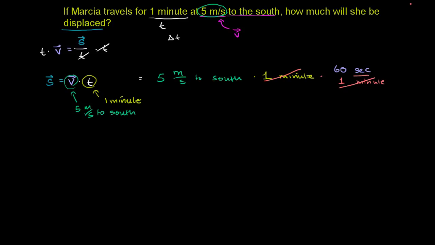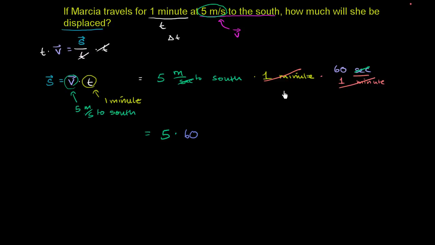This is now cool because you have seconds over seconds. Those cancel out. And so your displacement is going to be equal to 5 times 60. And then your units left are meters.